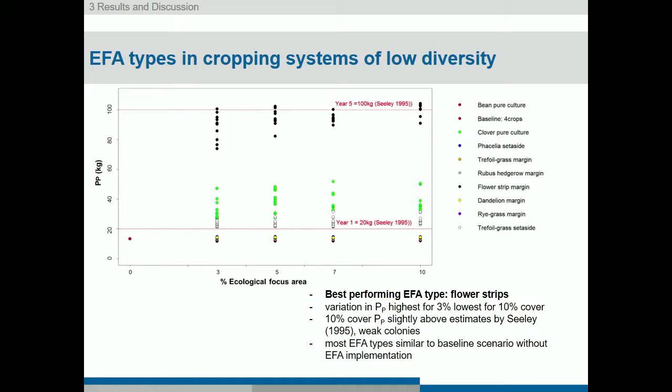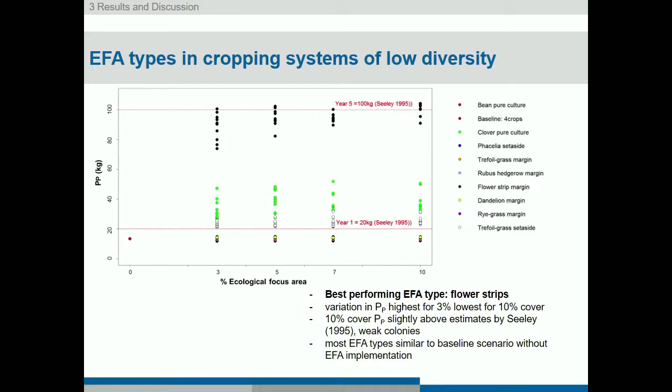In this figure you can see the pollen-to-worker productivity values for the different ecological focus area types, the different coverages, and also the different spatial configurations. Most of the ecological focus area types are similar to the baseline scenario.